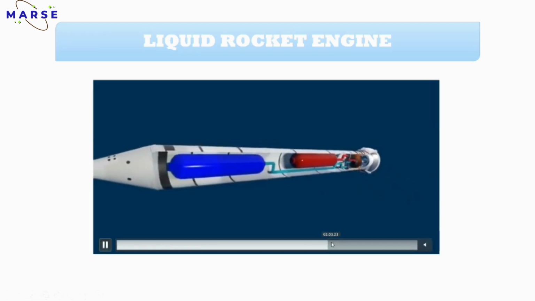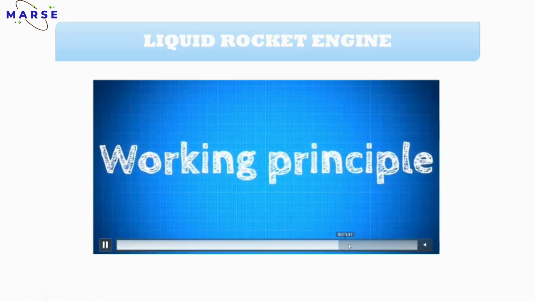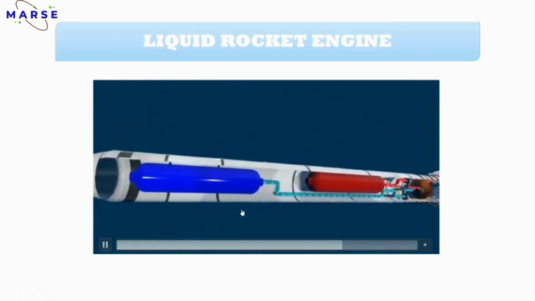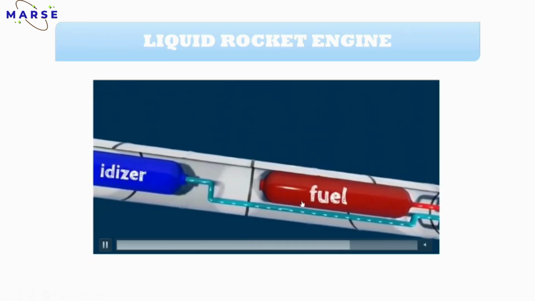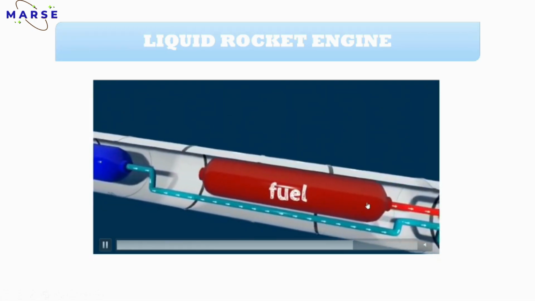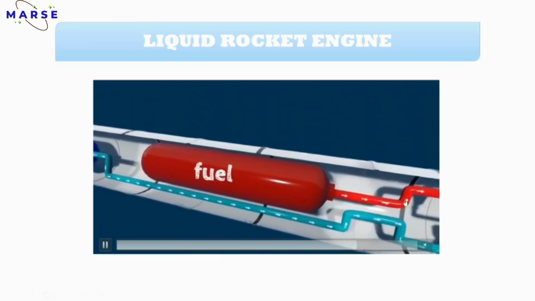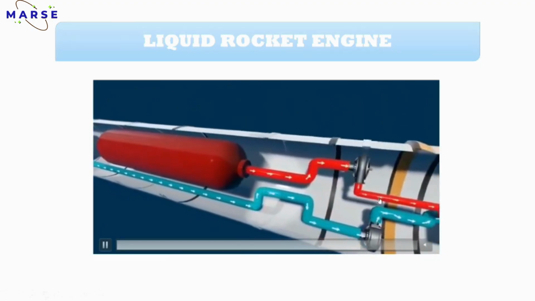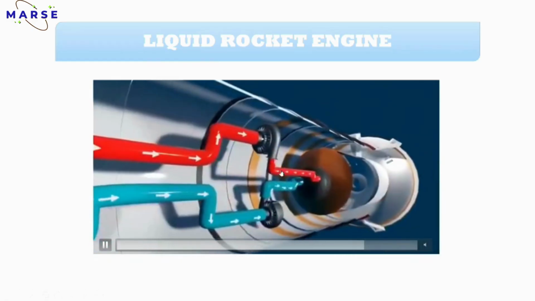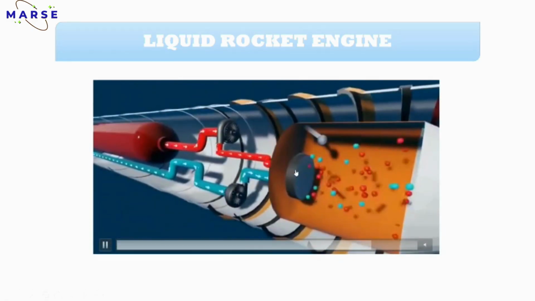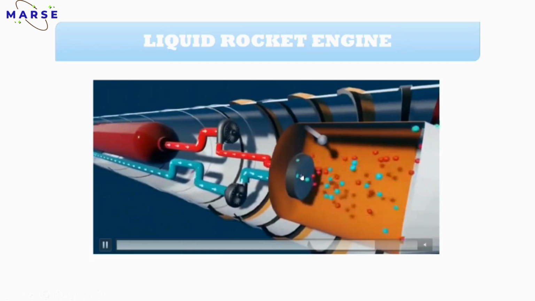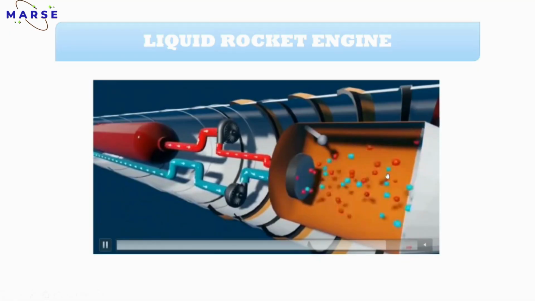Now we will see the mechanism of it, the working principle. First the oxidizer comes from this valve. Simultaneously the fuel comes from the fuel tank. Then the pump is present here, and it takes the fuel and oxidizer and sends them to the combustion chamber. This is the injector, which makes the liquid into small droplets, like a spray.